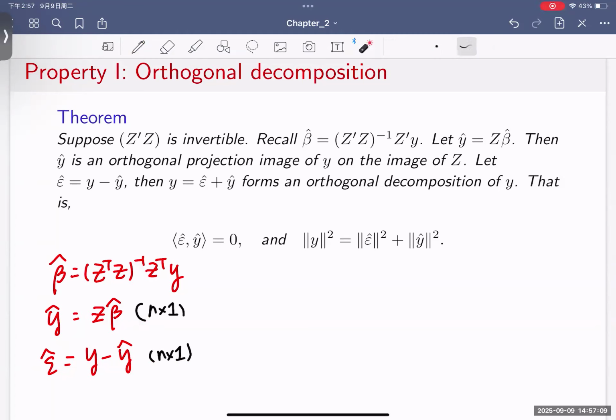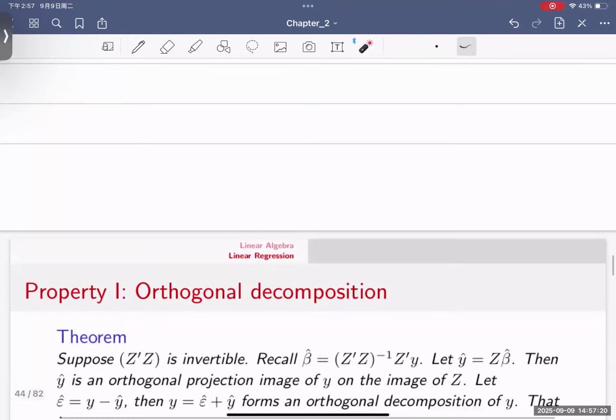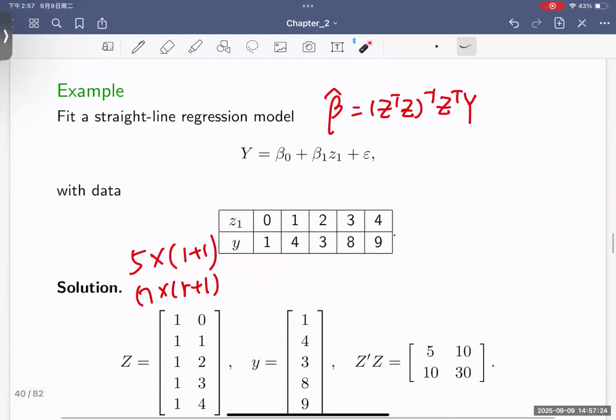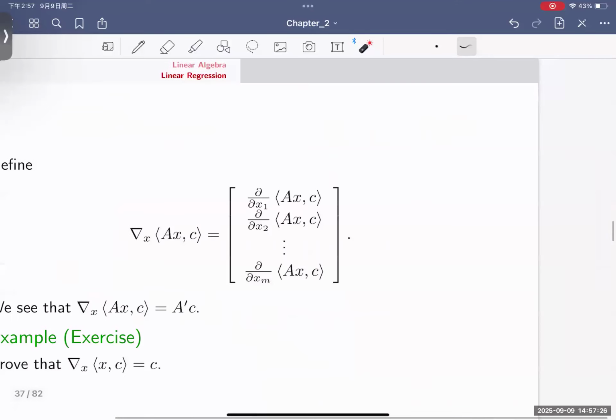So Y hat could be regarded as Z times beta hat. Now we will involve something we call the feature space. Let me show what Z is first, in case you forget.